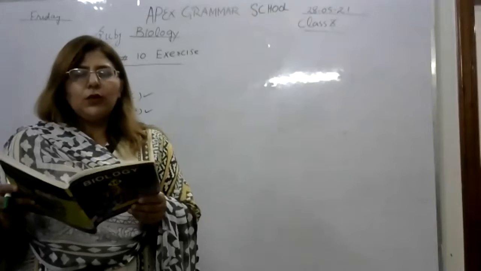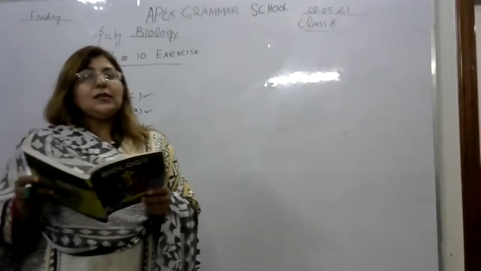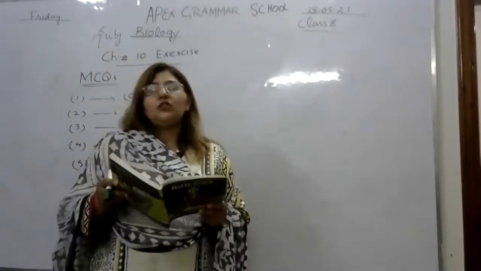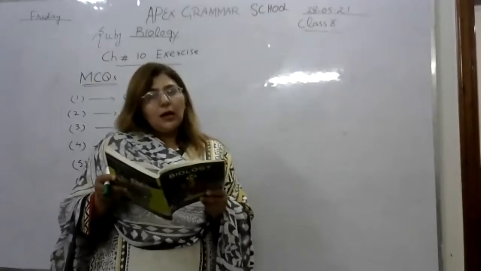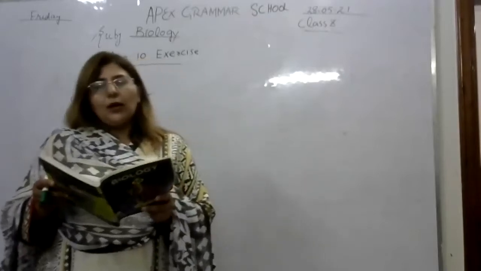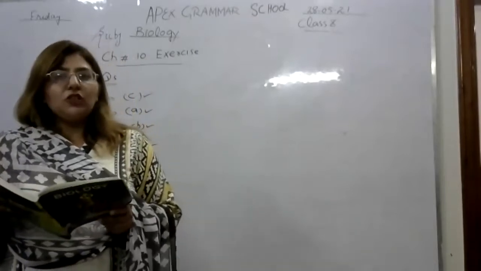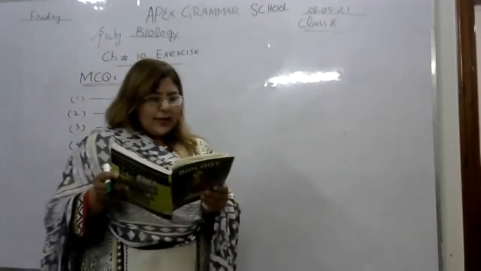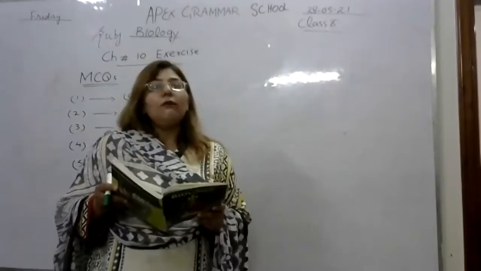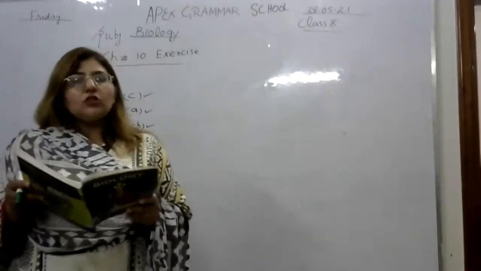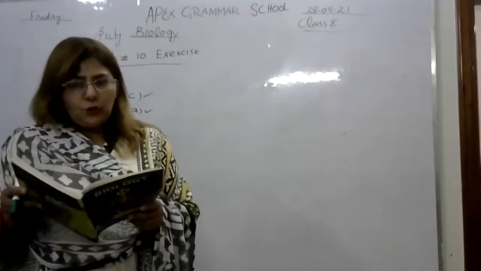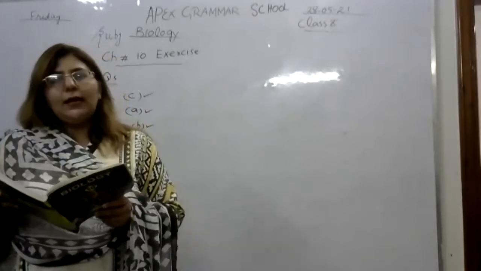Option A is pneumonia. No. Pneumonia is an infection of the lungs in which the tissues of the lungs are broken down. Bronchitis, no. Bronchitis is an inflammation of the bronchioles. Asthma, no. Asthma is a form of allergy in which the bronchioles become narrower. So what is the right answer?